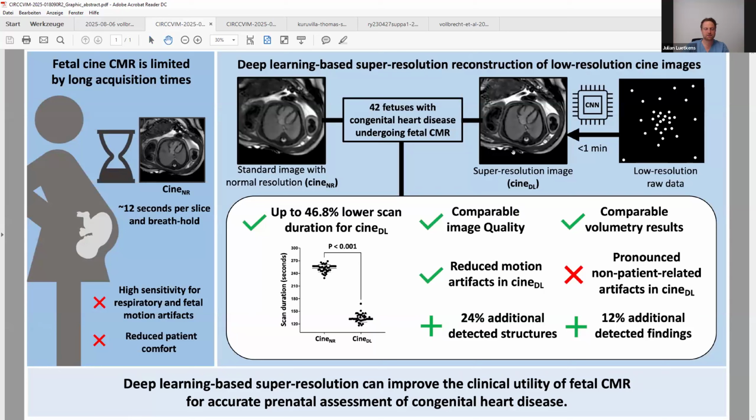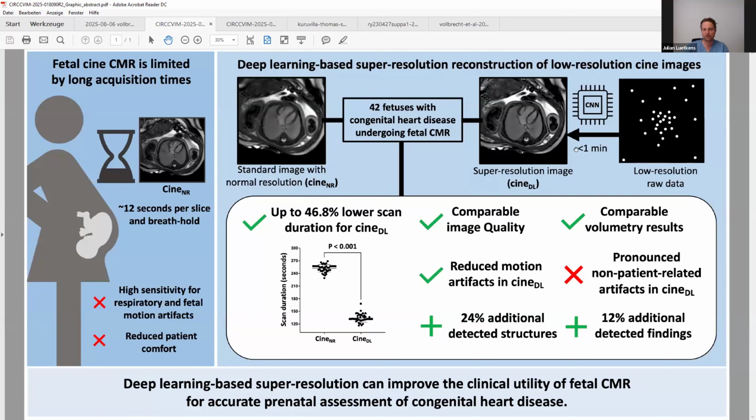So basically, this study is a sequence comparison. In the cohort of 42 fetuses with congenital heart disease, there were two Cine imaging stacks acquired. One standard imaging stack in an axial orientation, which we refer to as Cine normal resolution in our manuscript, uses parallel imaging as the acceleration technique.